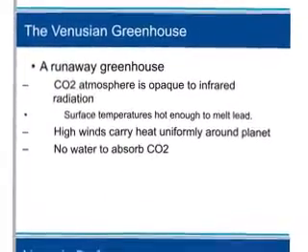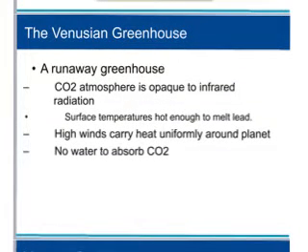So Venus, because it has so many layers of atmosphere, is considered a runaway greenhouse, where the carbon dioxide atmosphere is very opaque to infrared radiation, and the surface temperatures are hot enough to melt lead.